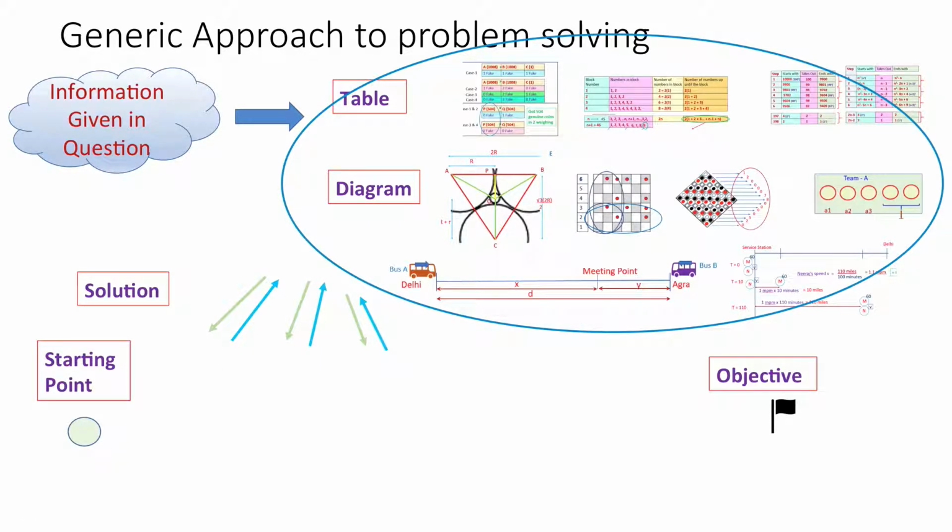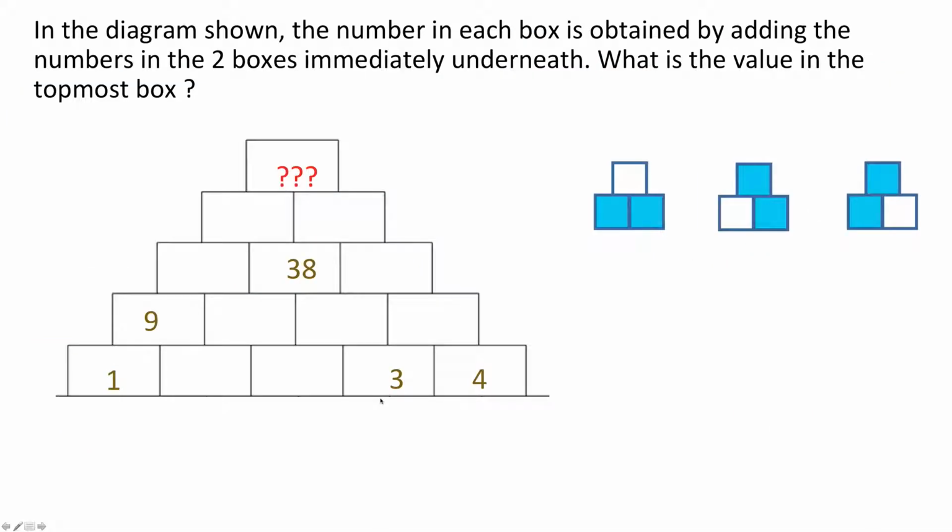A starting point, as you all know, is the very first step, the easiest step to be taken based on the information which is available to you. So let's look at what could be our starting point. If you look at this structure carefully, we'll try to find a set of three blocks of one of these three shapes, so that we know the values of two boxes, and the third one we can find.